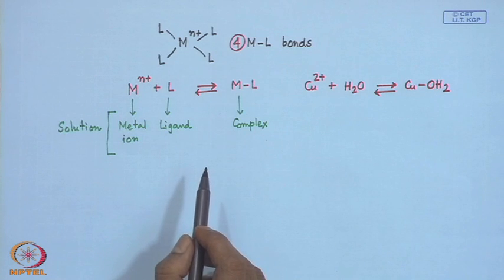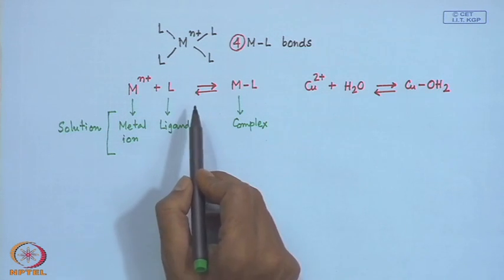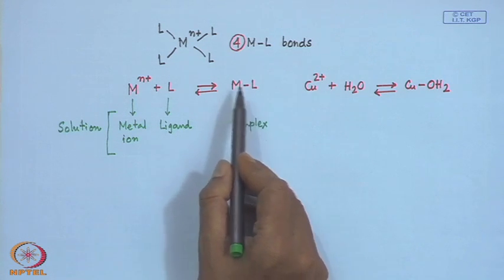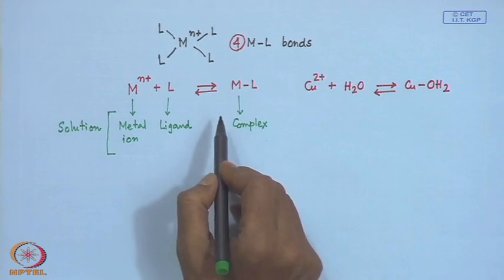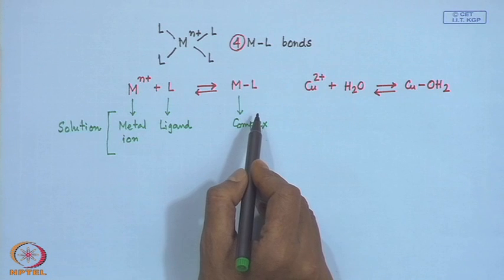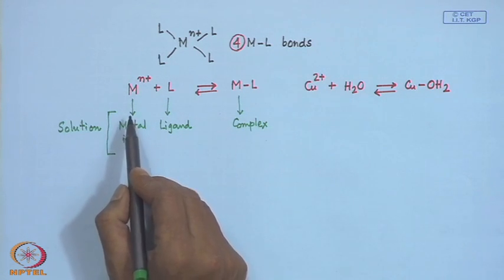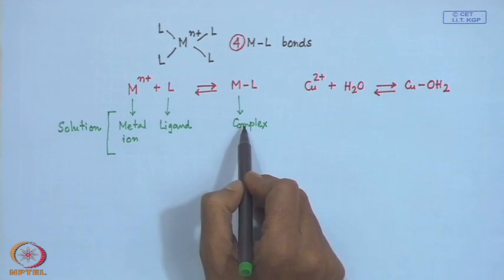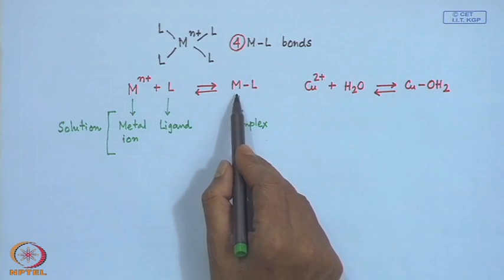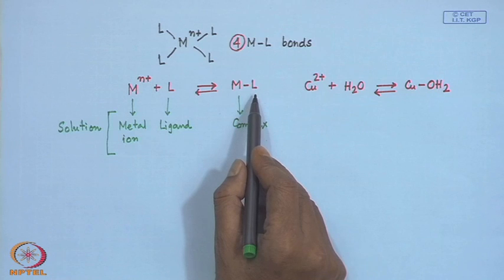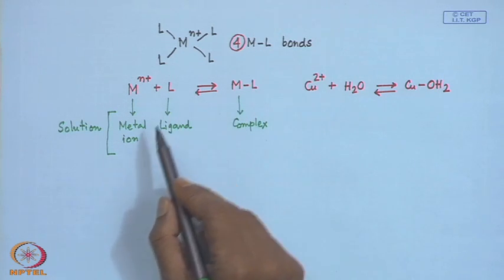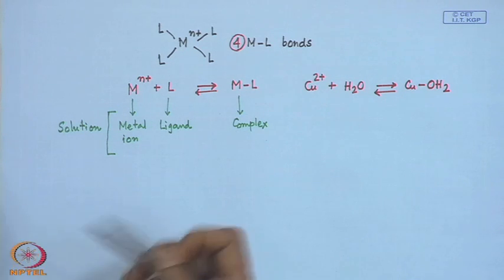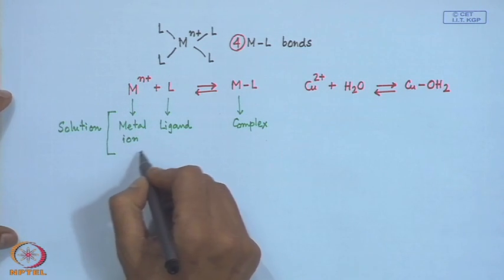If they are in equilibrium, depending on the reaction condition and the medium, how do we know what percentage of the reaction is going from left to right, that means the corresponding affinity of the metal ion to react with the ligand to give the complex species, where at least one metal-ligand bond is forming?